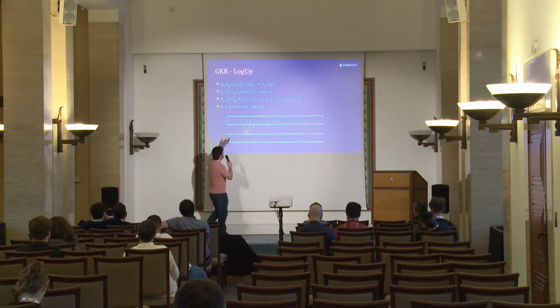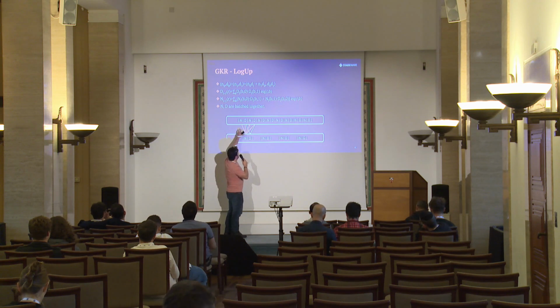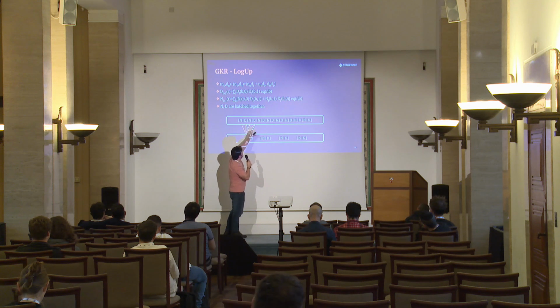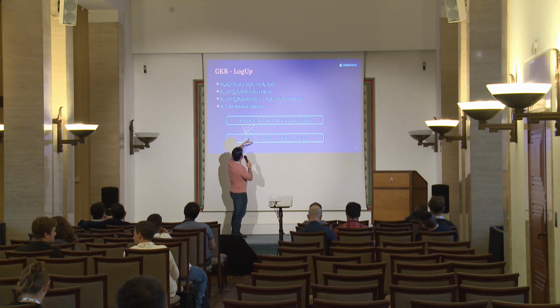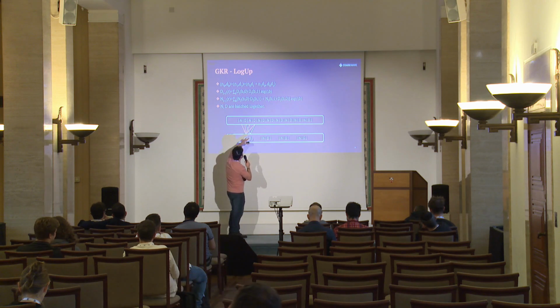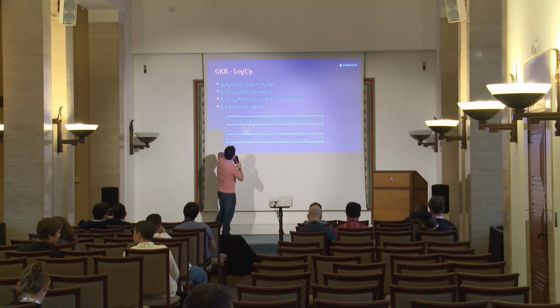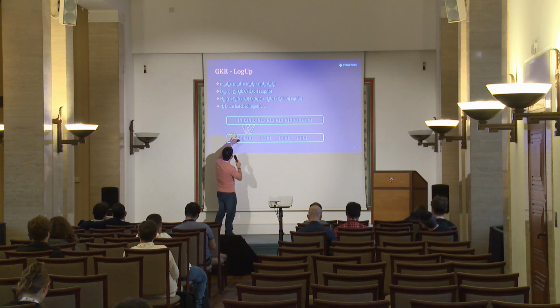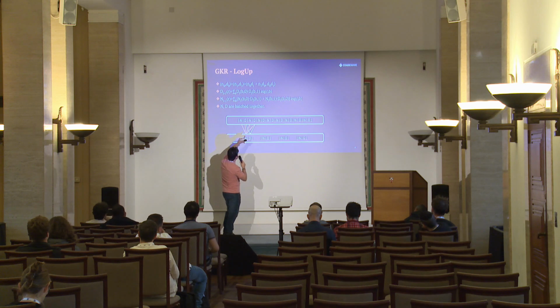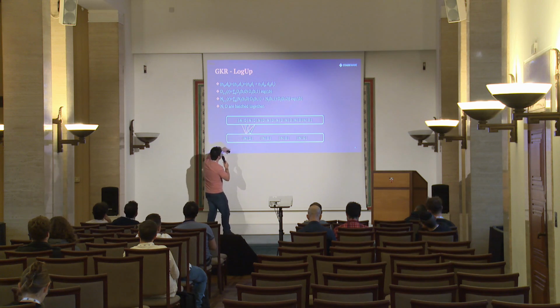Basically, you can see here, imagine that we have a lot of pairs of numerator and denominator for the input layer. So the next layer has half as many values. The denominator is just the multiplication of the previous denominators, as you can see above. The numerator is the product of the numerator and the other denominator, plus the other numerator and this denominator.